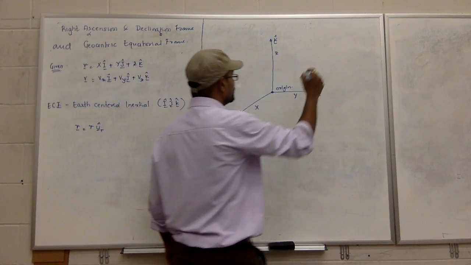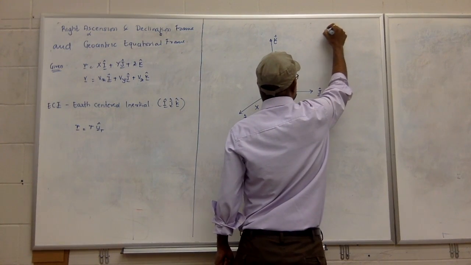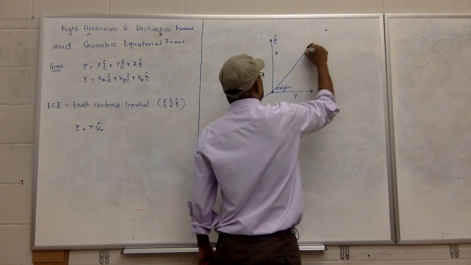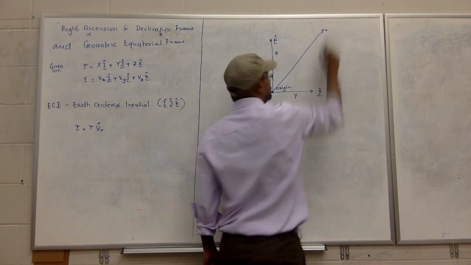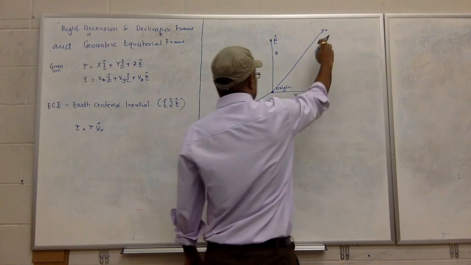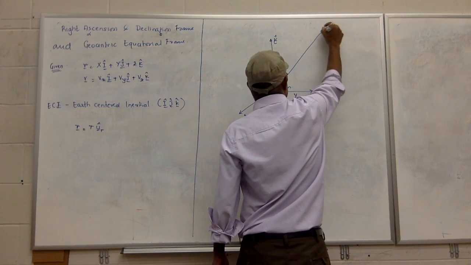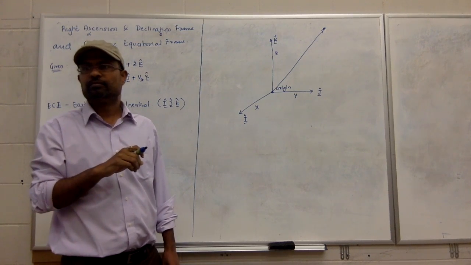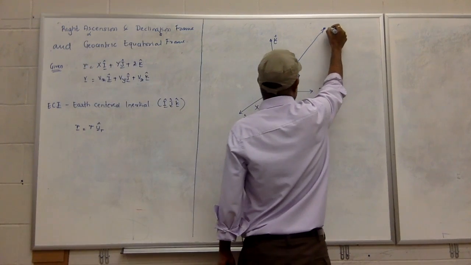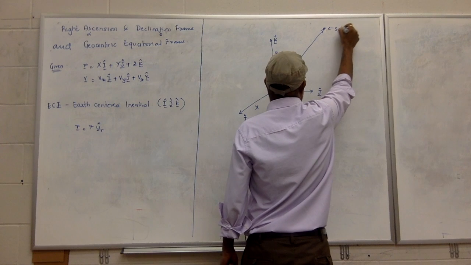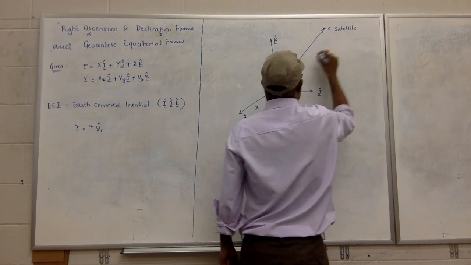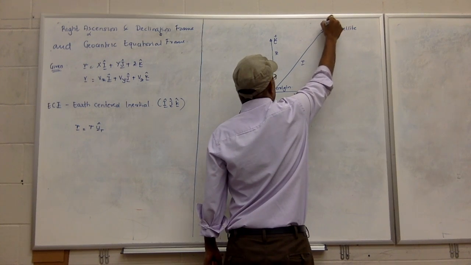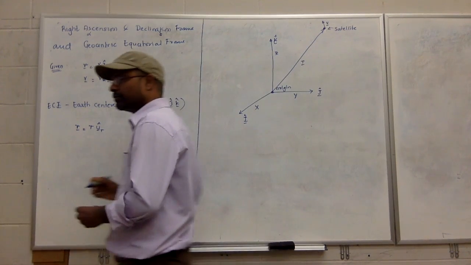If the satellite is somewhere here, what is this vector? If this is the satellite, that's R. This is R, okay? And this is velocity. You got it?